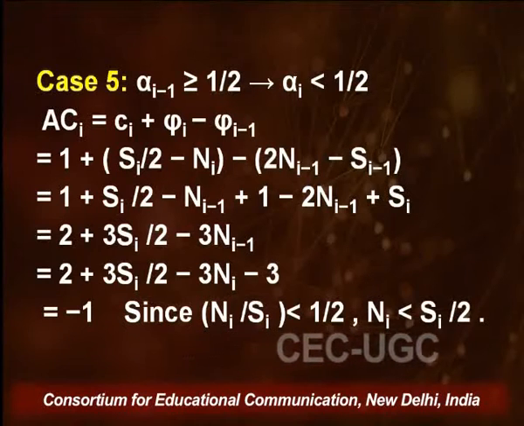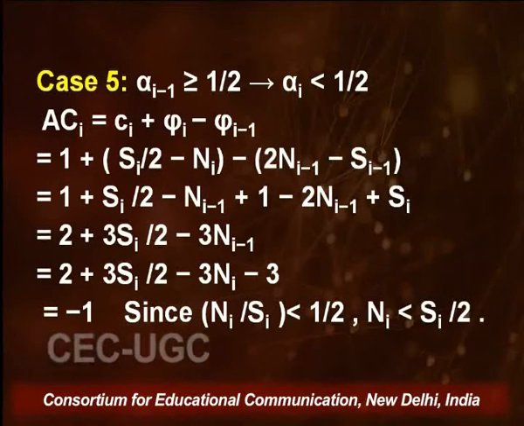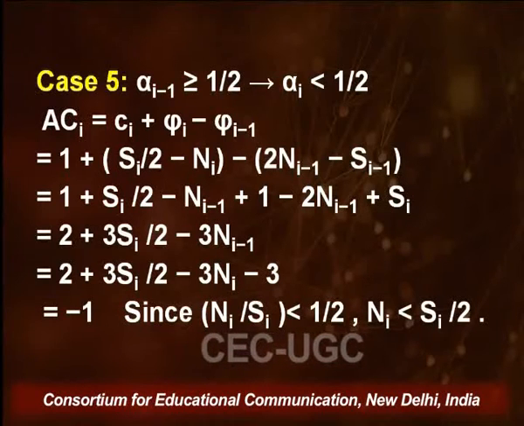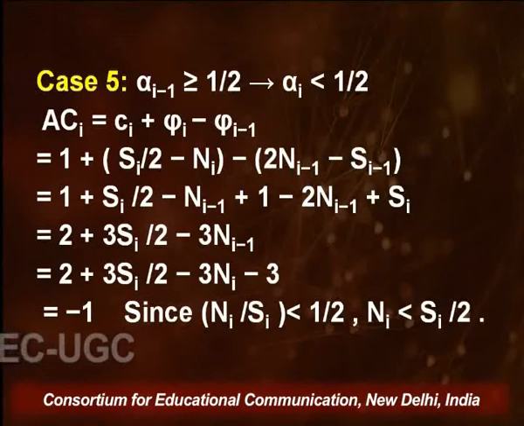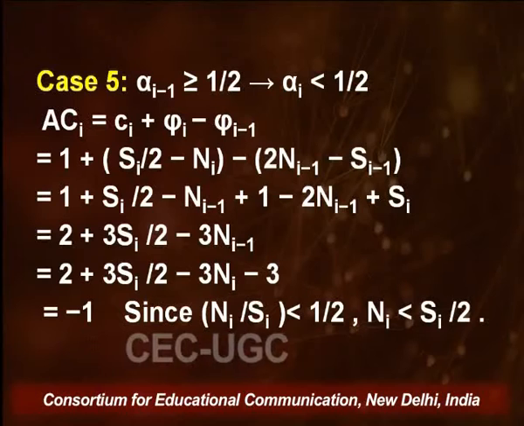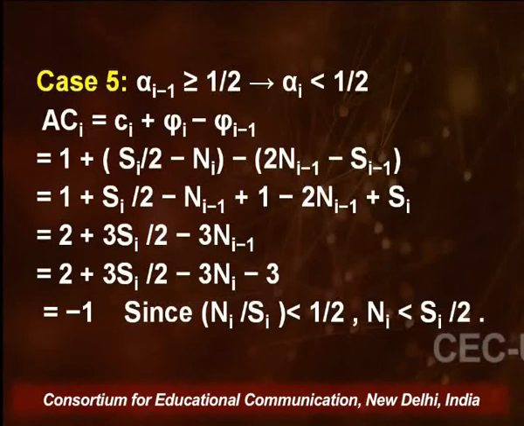Now, we need to look at this calculation a bit carefully. Standard formula for amortized cost: phi of i is the potential function after the ith operation, which has a load factor of less than 1 by 2.